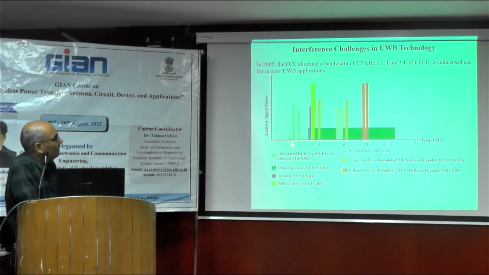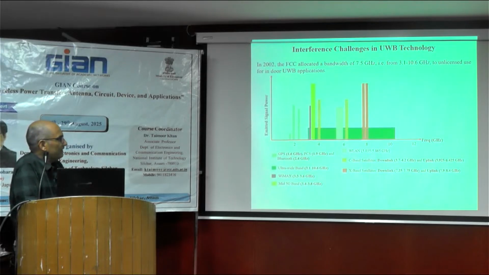but when it came into the picture in 2002, several other technologies were also existing. Then there is an overlapping nature of these. When you are using the 3.1 to 10.6 gigahertz band as a UWB, at that time the interference of these overlapping bands should be considered properly.